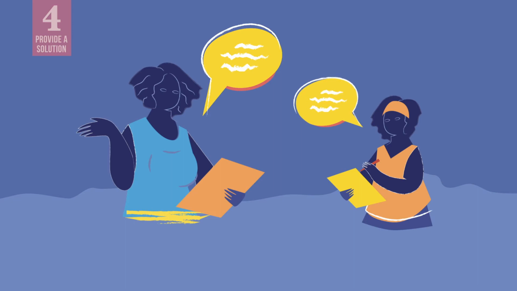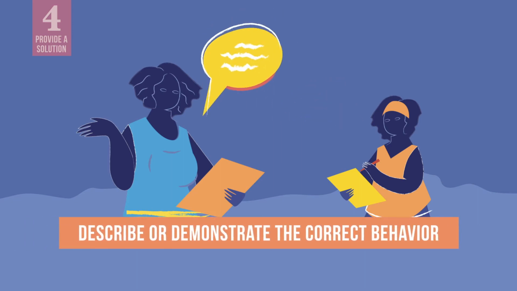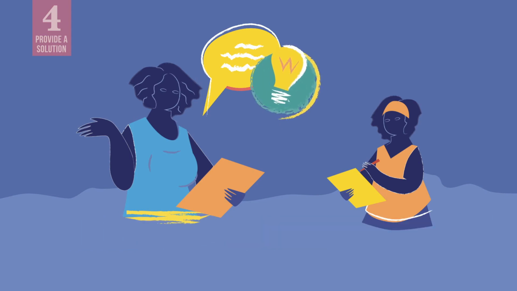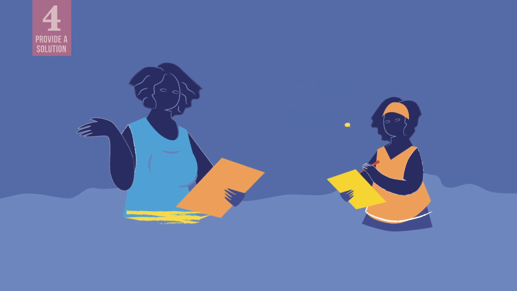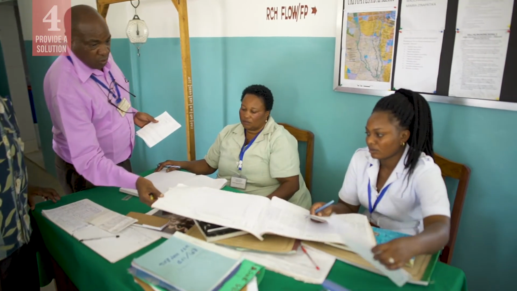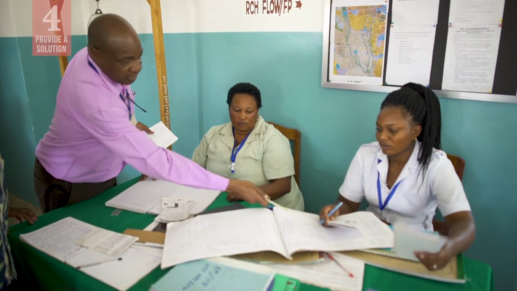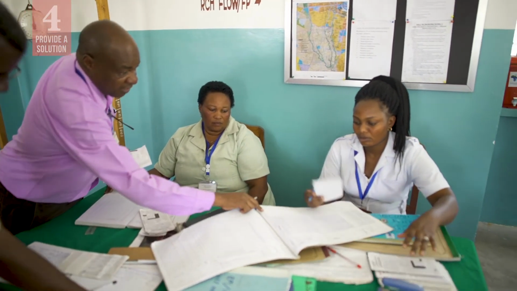When a solution requires a new skill, be sure to describe or demonstrate the correct behavior. For example, demonstrate how and what to communicate with the caregivers during an immunization session. Then ask the person to practice or describe it back to you. Remember that the objective of your visit is not just to identify problems, but to help solve them.